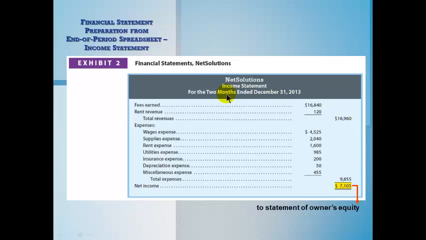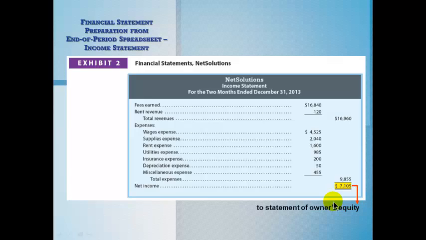I said for the year, excuse me, it's for 2 months actually, and so it would be for the months of November and December to get to the end of the year, December 31st. So for this 2 months, they earned almost $17,000 of revenue, had $9,855 of expenses that are all detailed here, and then expenses subtracted from revenue gives you the net income of $7,105.